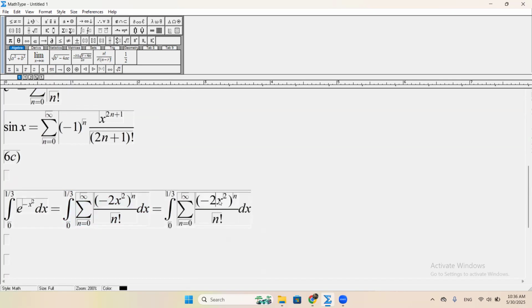So minus 1 in power of n, multiplied by x in power of 2n. So we received the following value, and now we use term-by-term integration.